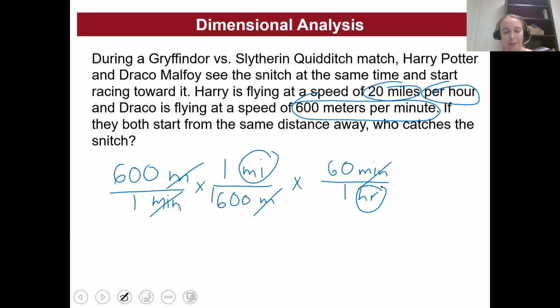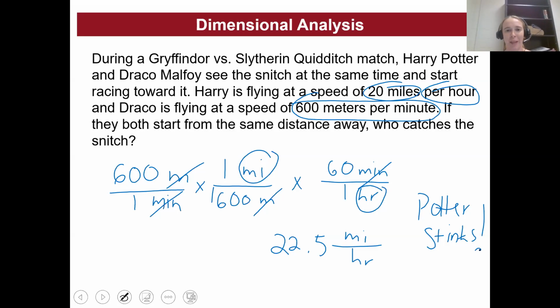So 600 times 60 divided by 1,600. And I got 22.5 miles per hour. Is that faster than Harry? Yes. Draco is flying faster than Harry Potter, so Potter stinks. Potter stinks.